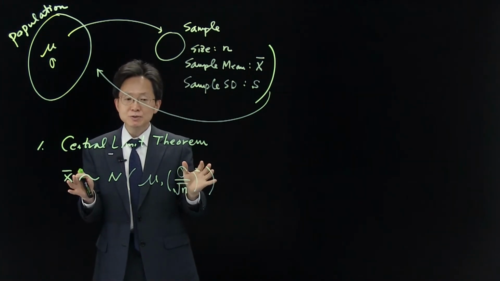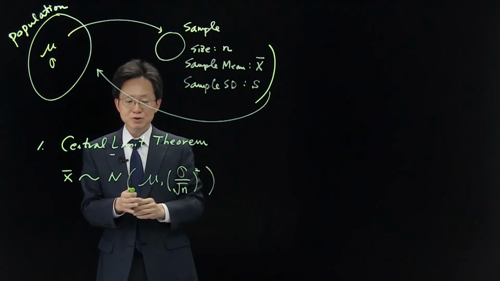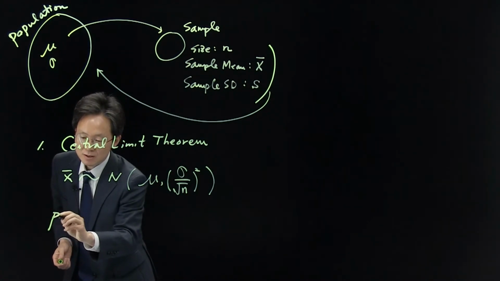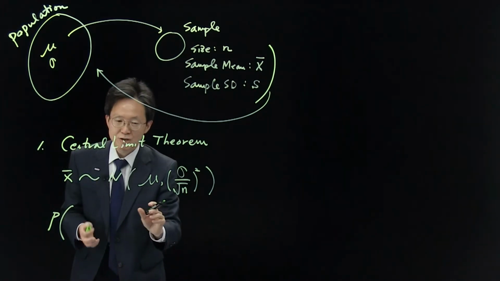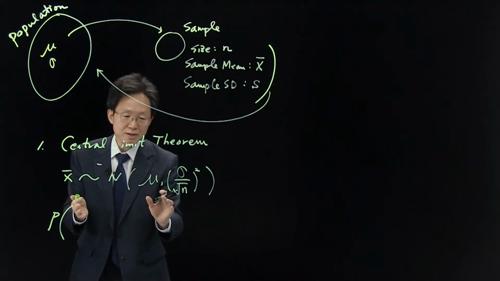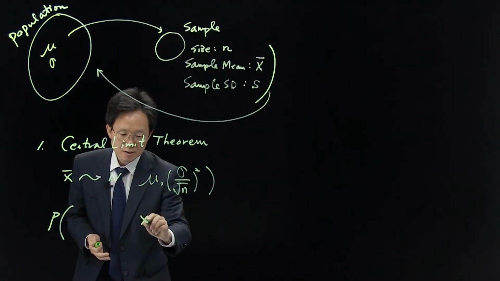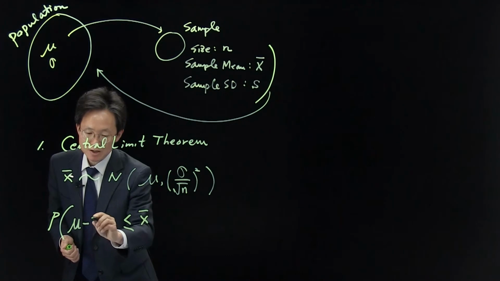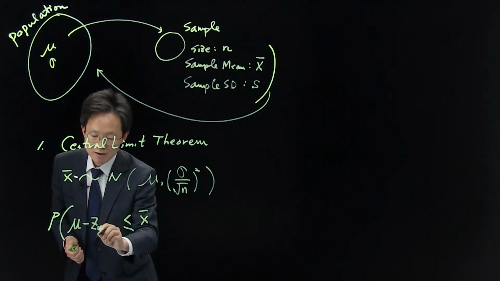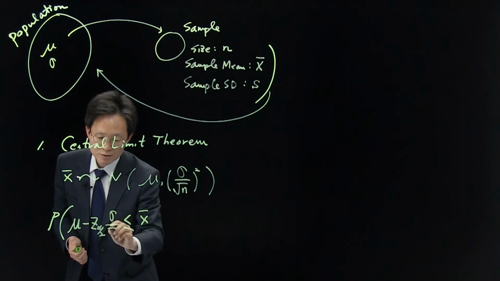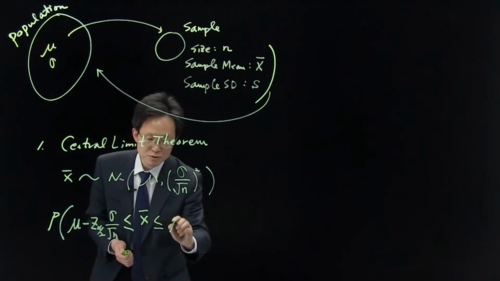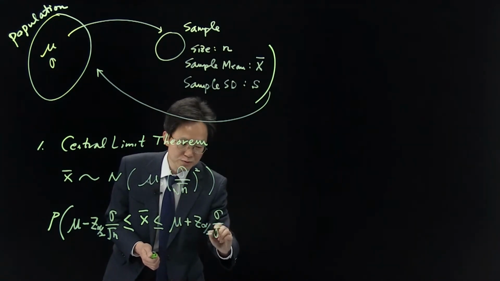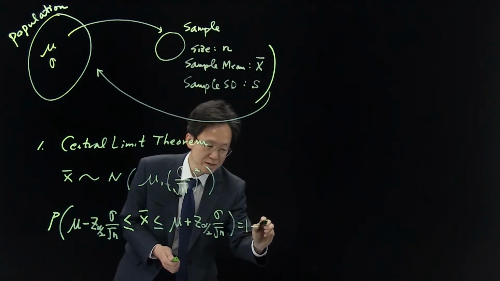And we already know that if a variable follows normal distribution, we can ask: what is the probability that the sample mean is within the range mu minus z alpha over 2 sigma over root n, and mu plus z alpha over 2 sigma over root n? This is going to be 1 minus alpha.